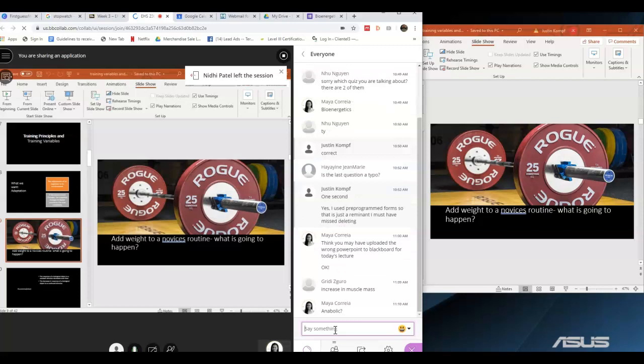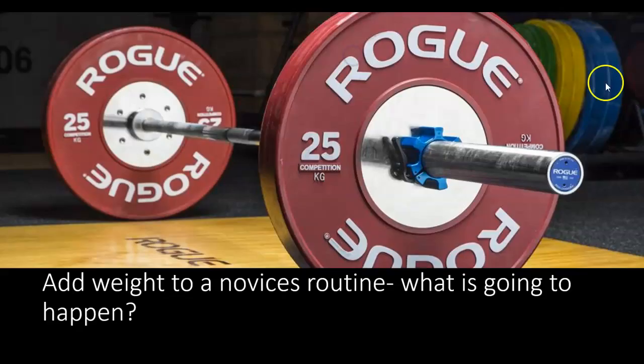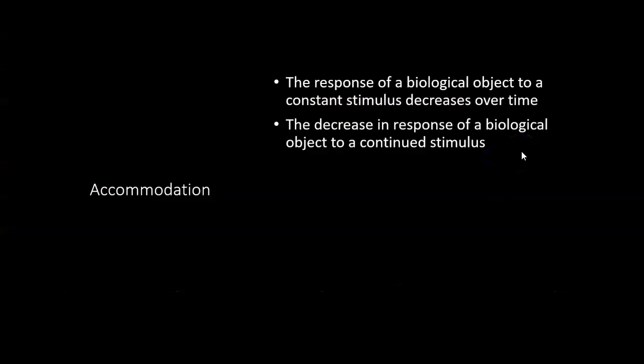Five seconds for imaginary. Yes, it's an anabolic reaction. Maya, you get all the bonus points. Well done. Yes, correct. Anabolic reaction. All right, really good. So adaptation is those changes.